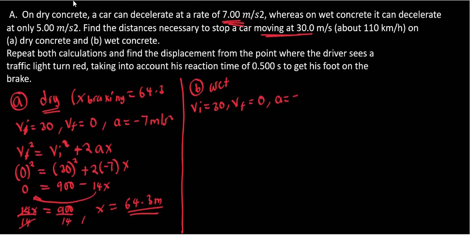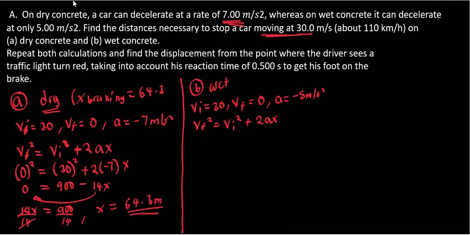It is negative 5 meters per second squared. Why is it negative? Because as I said, it's decelerating, which means that it is reducing. So which formula are we supposed to use? V final squared equals V initial squared plus 2ax, like that.